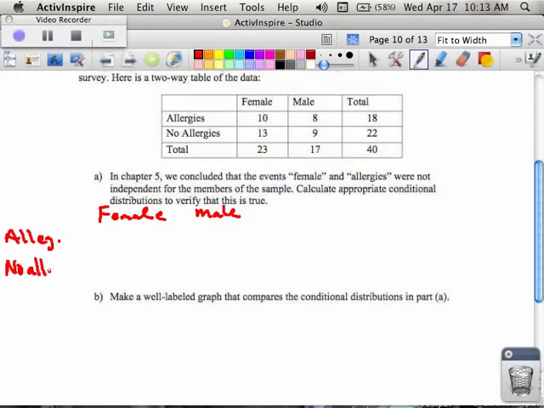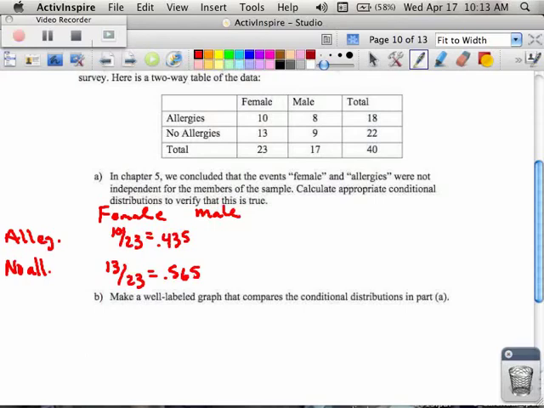If we look at the female students with allergies, that's 10 out of the 23 females, which as a decimal is 0.435. And then the females with no allergies are the remaining, 13 out of the 23, which is 0.565.